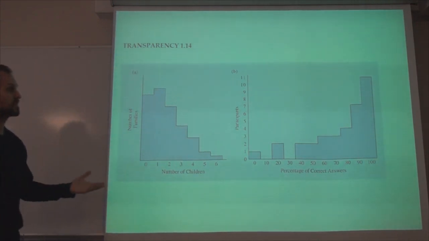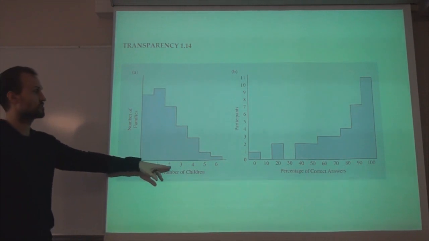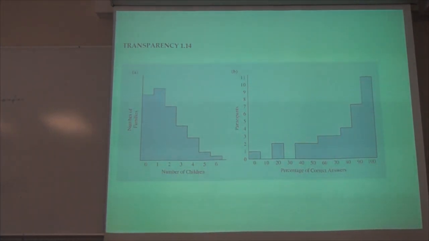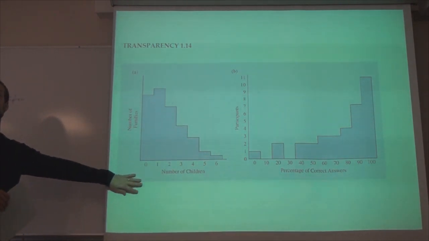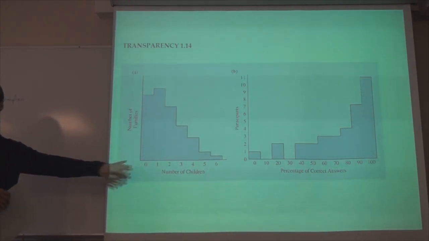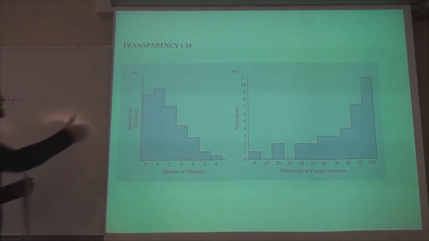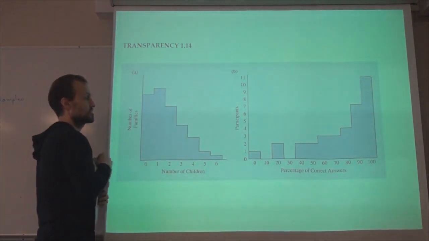Over many families that are surveyed, you get many families have 0, 1, 2, and then if the number of children increases, then that happens less and less often. So what kind of skew would this be? Positive or negative? Positive. Positive skew. So the tail is to the right and the peak sits on the left.